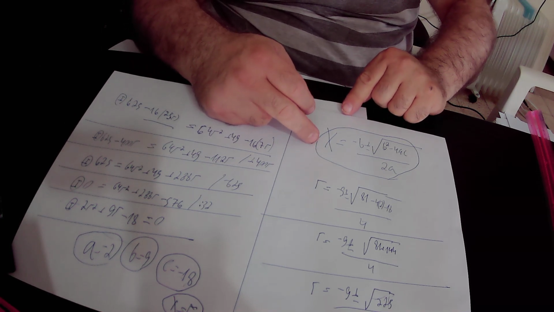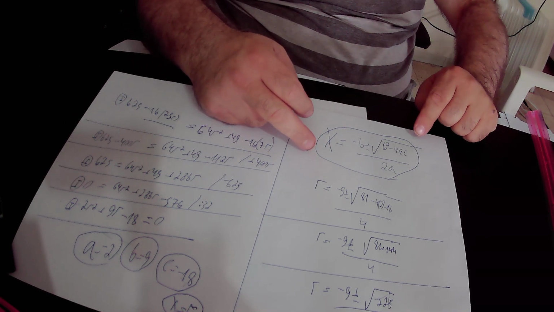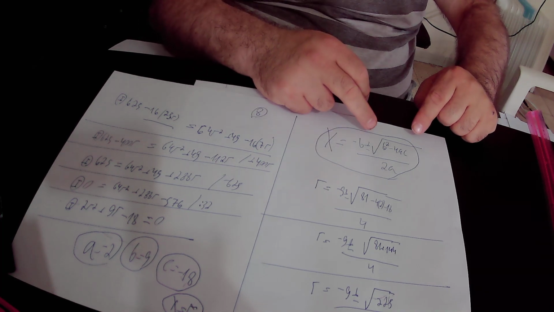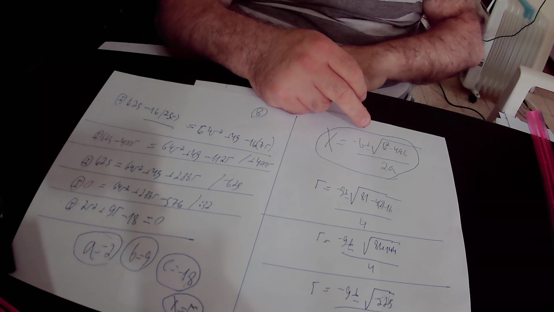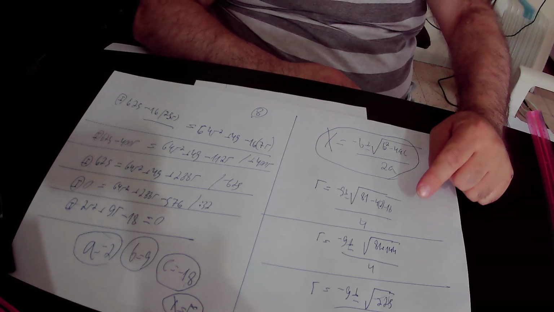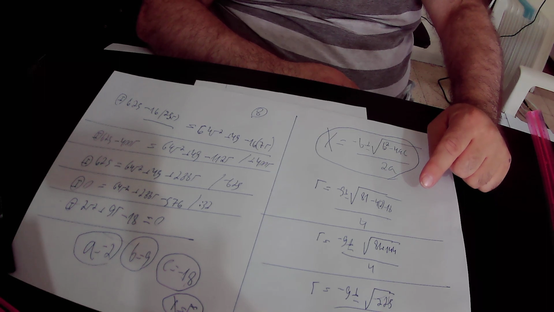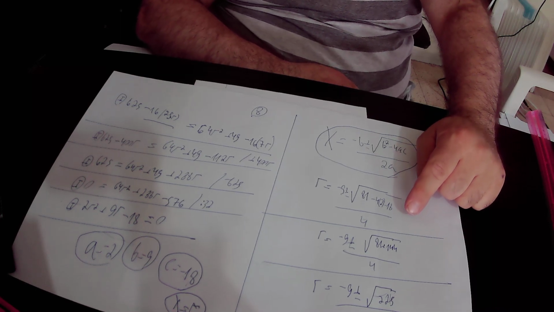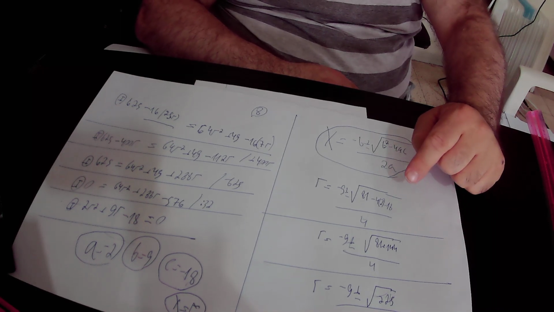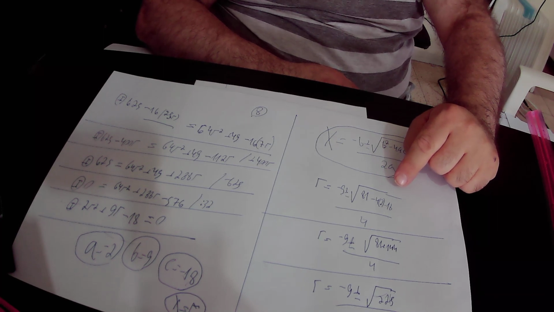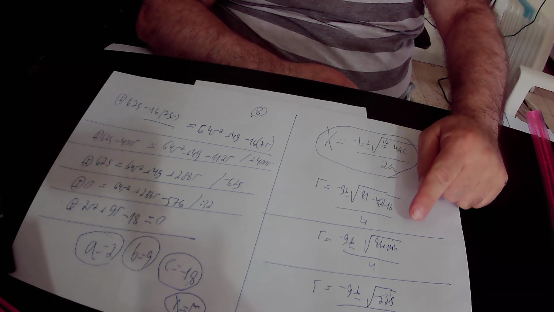We substitute x by r, we got that r equals minus b. B equals 9, so minus b is minus 9, plus minus square root of b squared. B equals 9, so b squared is 9 squared, it is 81. Minus 4 times a is 2, times c is minus 18. All divided by 2a. A is 2, so 2 times 2 is 4. So r equals minus 9 plus minus the square root of 81 minus 4 times 2 is minus 8, and minus 8 times minus 18 is plus 144.